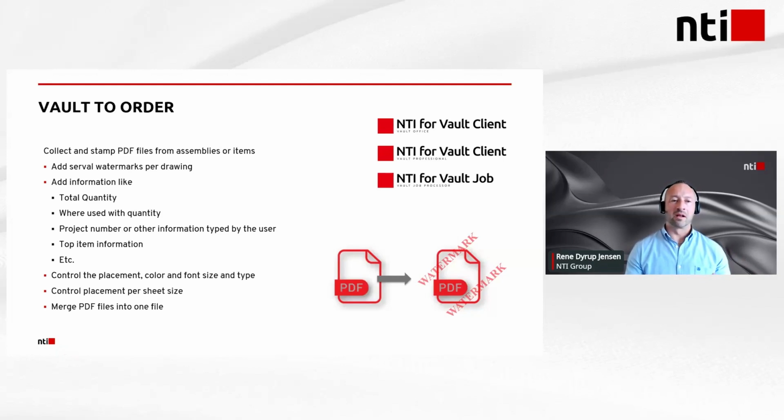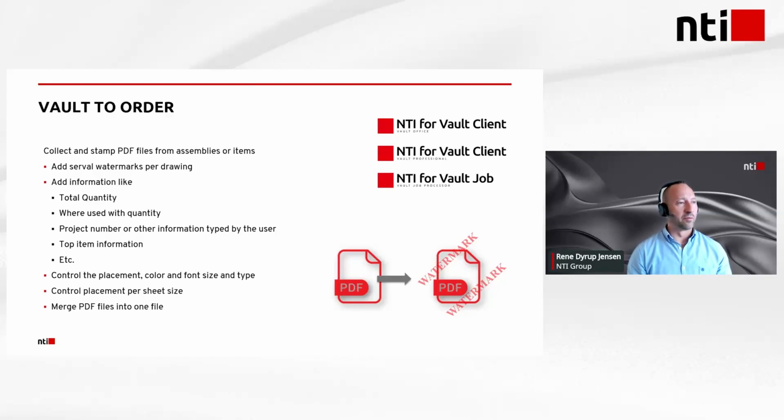Another example of how they can be used in combination is with what is called Vault to Order. The Vault to Order is, again, an alternative way for you to provide output to your suppliers, your production, and of course, some companies having an ERP integration, which we as well can provide with our NTI integrator.